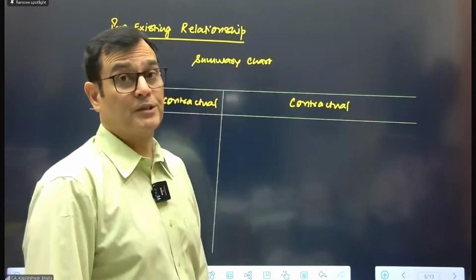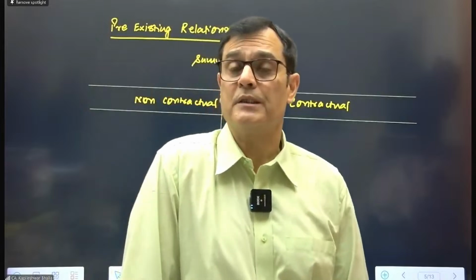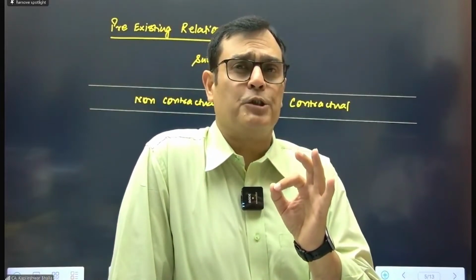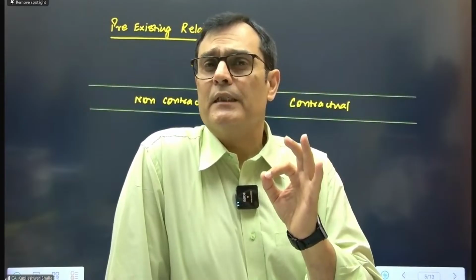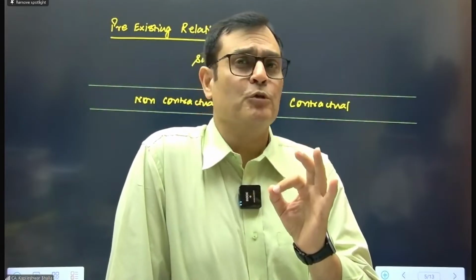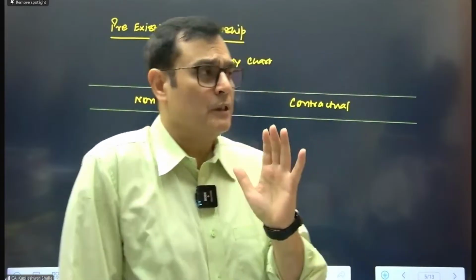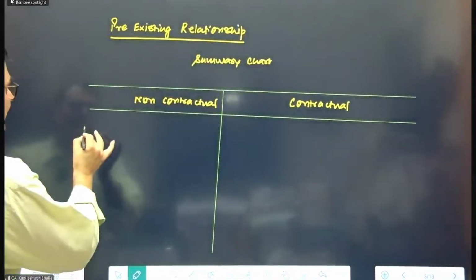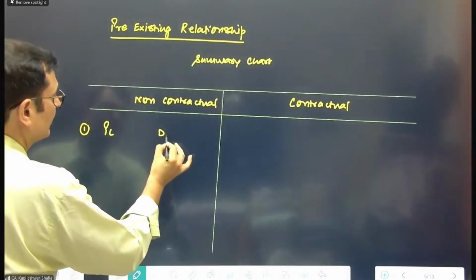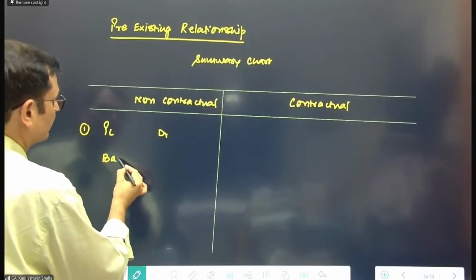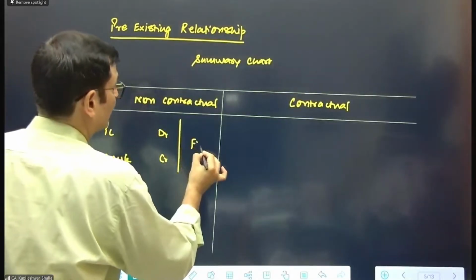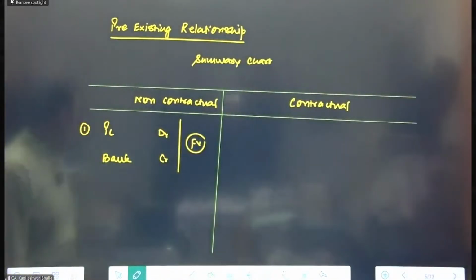Now, the question is, what is the role of this in terms of the purchase consideration? Let's see if it is a non-contractual relationship. My advice is that you put an entry before the acquisition date. Before you do the acquisition accounting entry, what do you need to do? You should put an entry, and that is profit and loss gets a debit and the bank gets a credit. Can I say this is the amount which is the fair value of the liability?